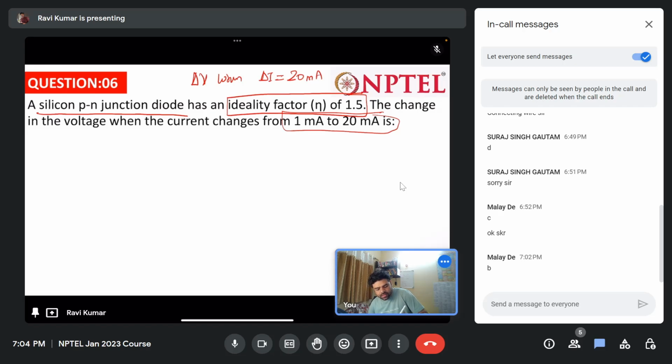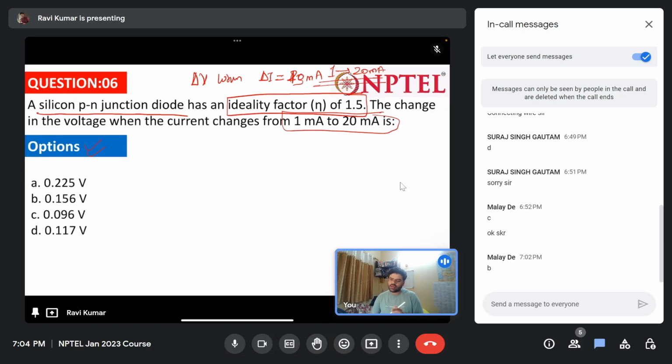Oh, sorry, 19. It is 19 because it is increasing from 1 to 20. So current is changing from 1 milliampere to 20 milliampere. For the same, you need to find out the change in voltage. And these are the options. If you need the formula, then let me know. I am giving you some time to solve this question.